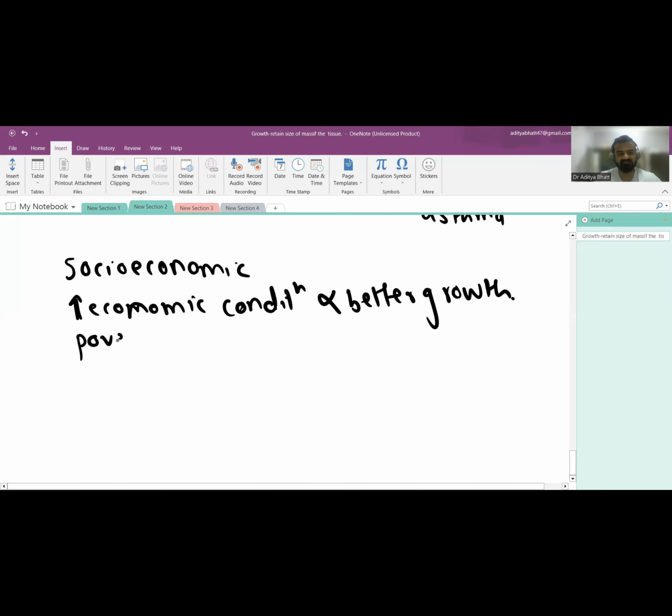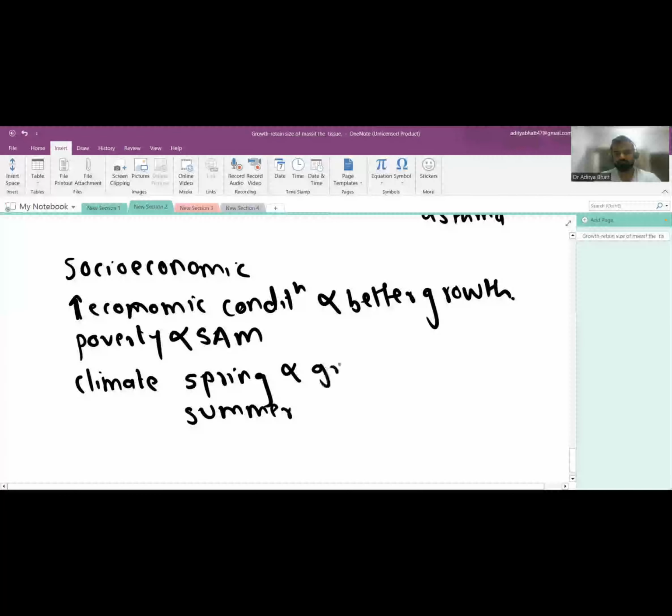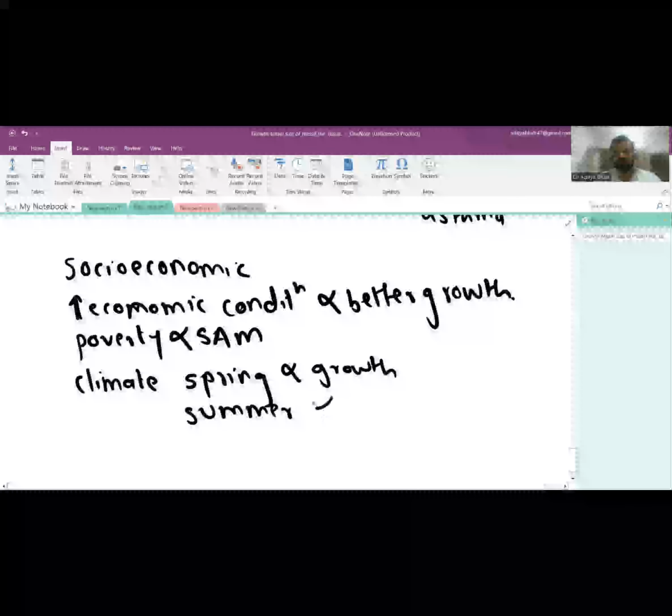Poverty is associated with severe acute malnutrition and chronic infections. Climate has a very minimal role: during spring there is increased growth and in summer decreased growth, but it is a very negligible influence, and usually catch-up of growth occurs.